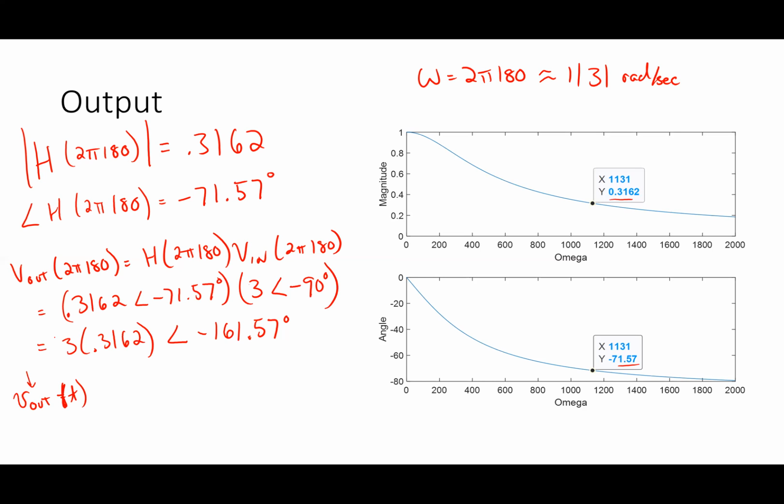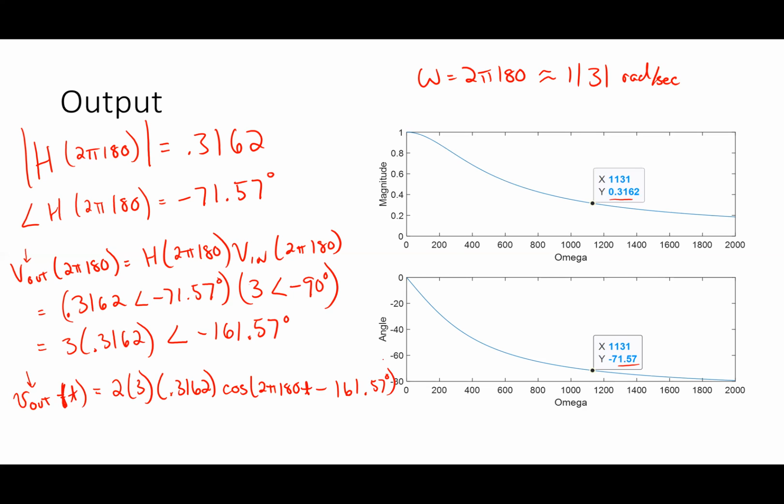So my output in the real world, v out of t, notice my time domain stuff I usually write with lowercase v's, and my frequency domain with uppercase V's. That's pretty standard. That's going to be 2 times the Fourier transform magnitude at that frequency times cosine of 2 pi 180t minus 161.57 degrees.